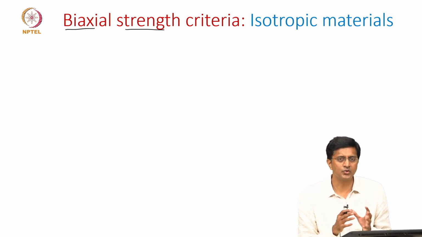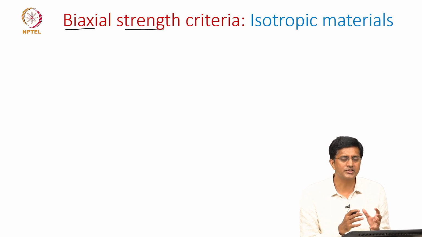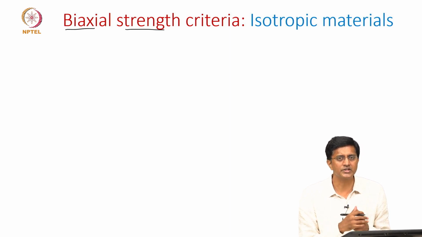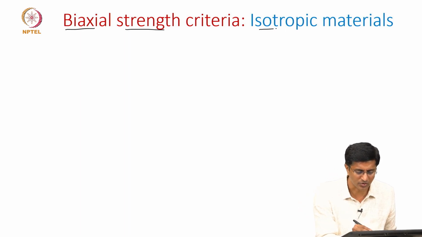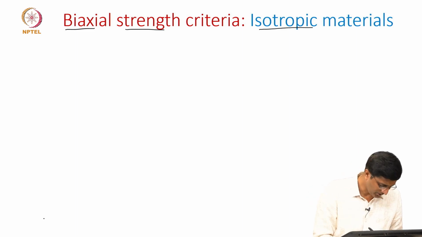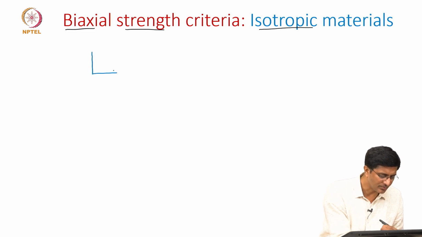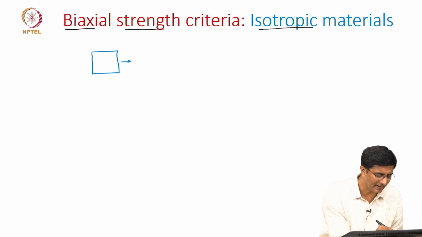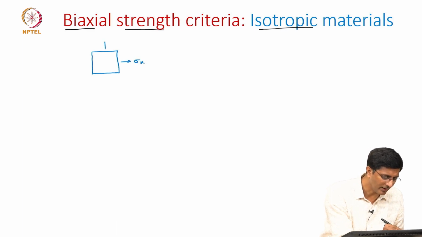So let's start with isotropic materials, which we have already studied in our previous courses when we were discussing metals like aluminum and steel, which we call isotropic materials. Let's say this multi-axial loading can be represented with an infinitesimal element, where we have loading along the x-axis, sigma x, along the y-axis, sigma y, and then there is also shear loading, tau x.